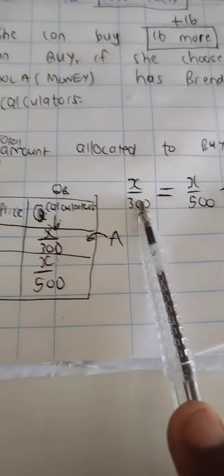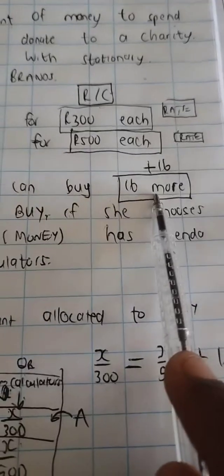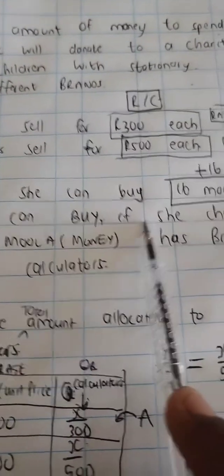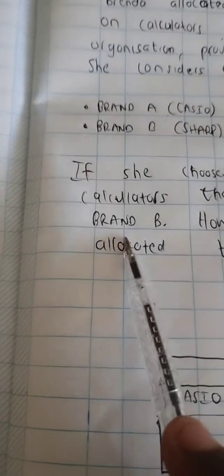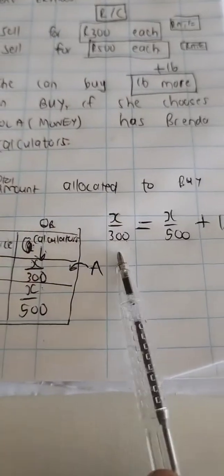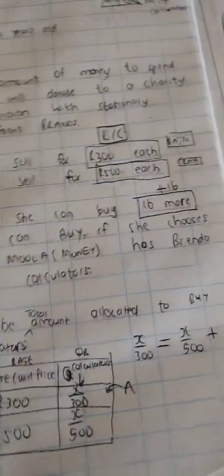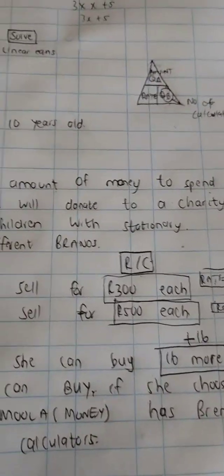If she chooses brand A, who is brand A? x over 300. She can buy 16 more calculators than she can buy if she chooses brand B. So it's x over 300 is equal to x over 500 plus 16. The equation has been set up.